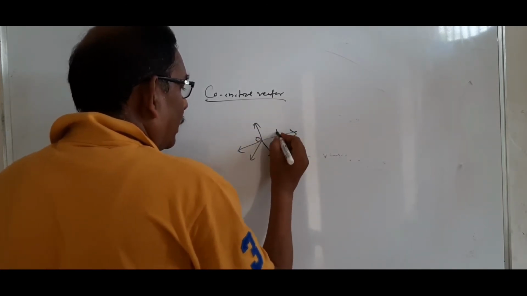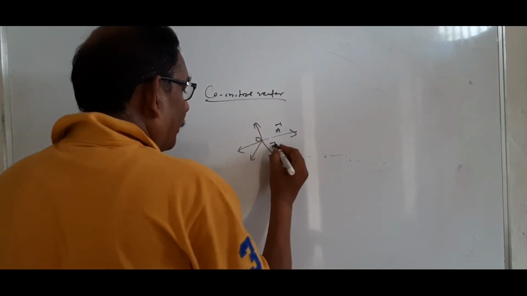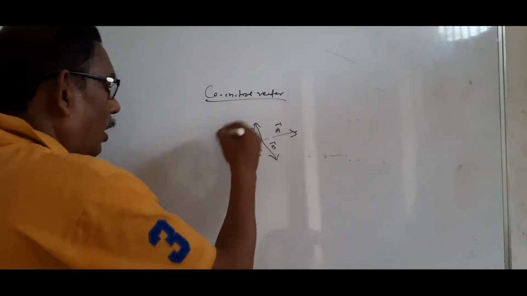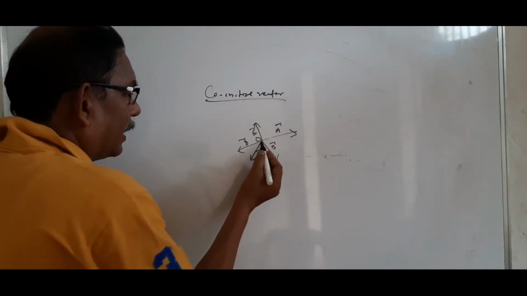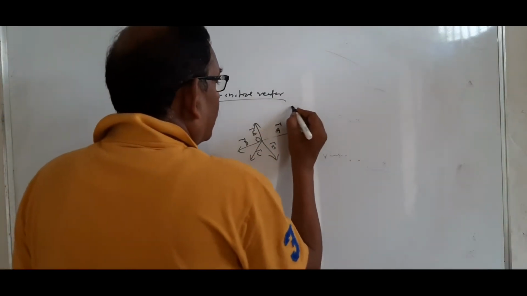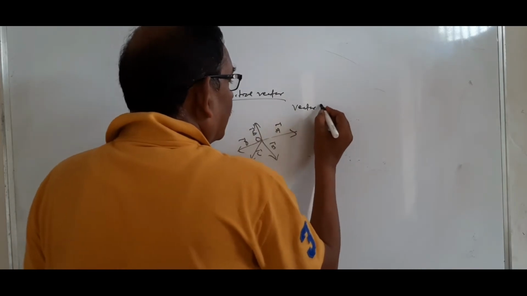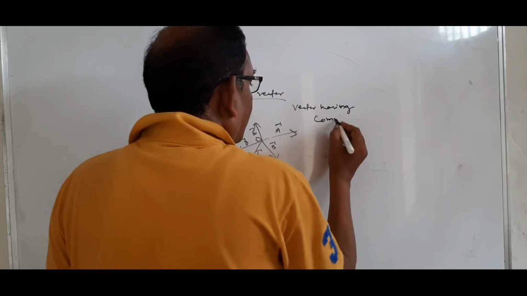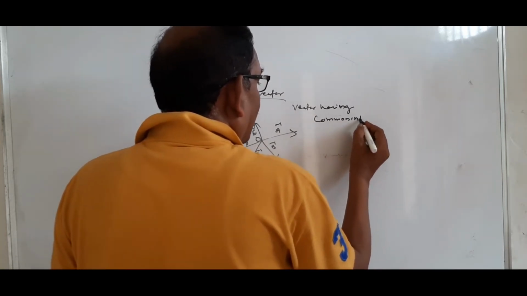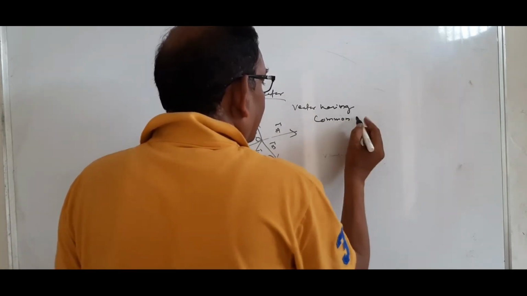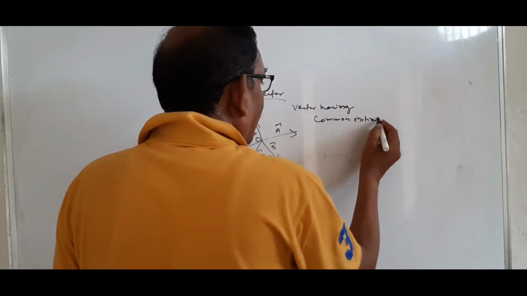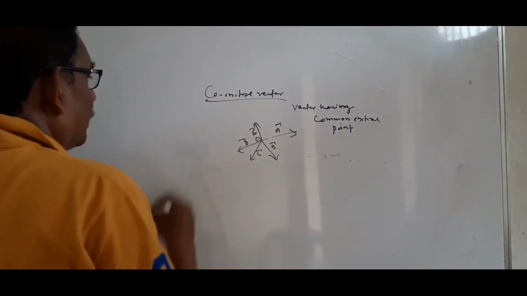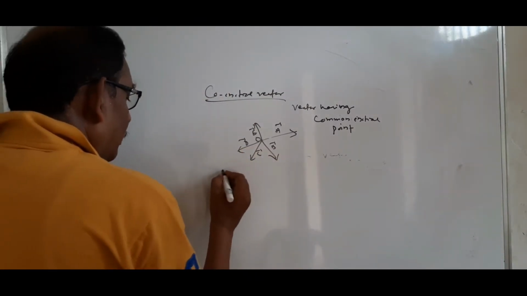Vector A, vector B, vector C, vector D, vector E, all having the common initial point, that is O. So vectors having a common initial point are called co-initial vectors.